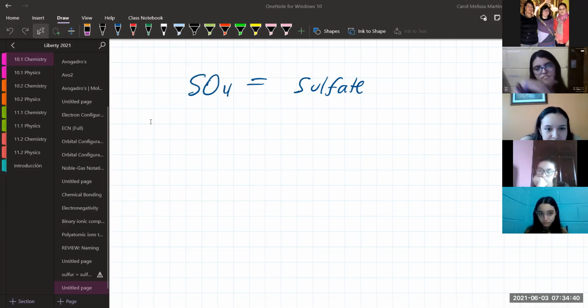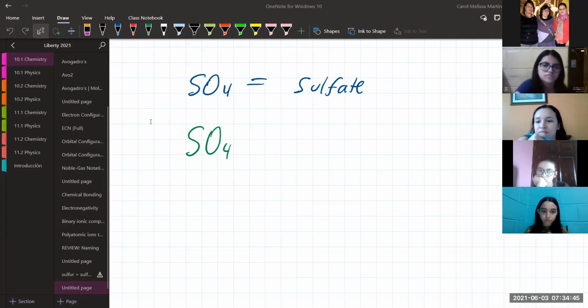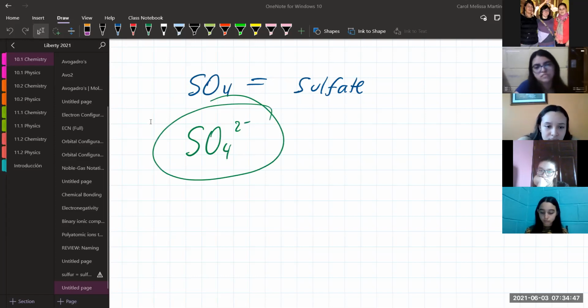Because it's missing the negative charge. This is sulfate. Huge difference. So no, this isn't sulfate. This is sulfur tetroxide.